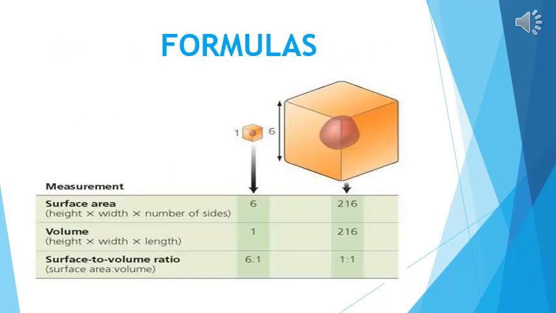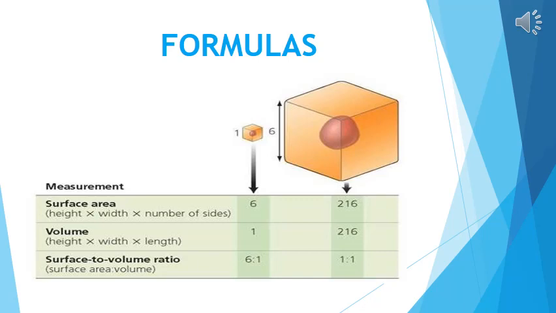Let's understand the formulas for the measurement of surface area and volume for a cuboid. For the surface area, height into width into number of sides. For a cell of 1 centimeter height and 1 centimeter width, it will be 1 multiplied by 1 multiplied by 6 is equal to 6. Whereas the volume will be 1 multiplied by 1 multiplied by 1, it will be 1.